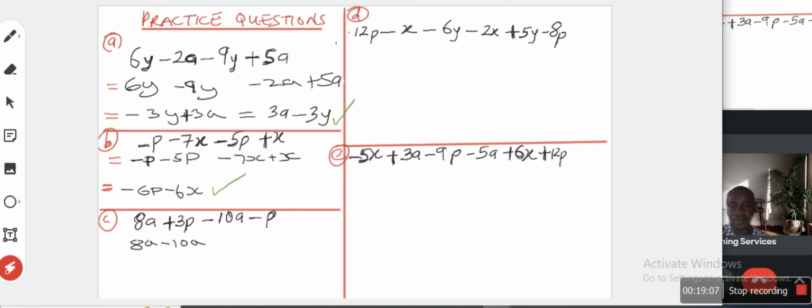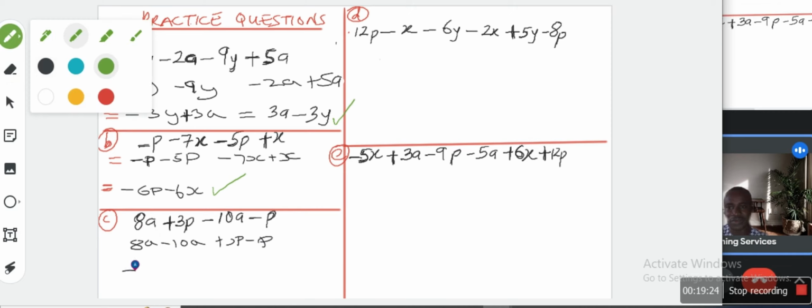Plus 3p and minus p. Good. All right. So what does that give you?